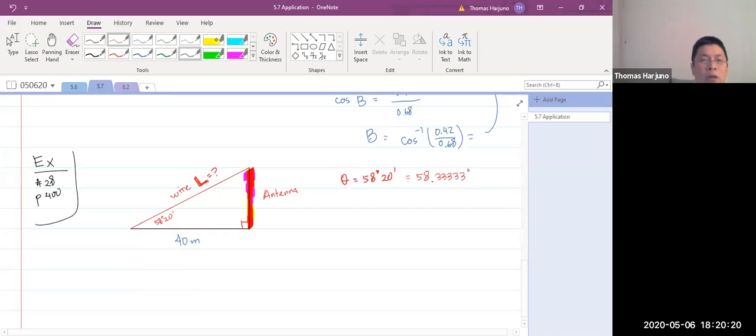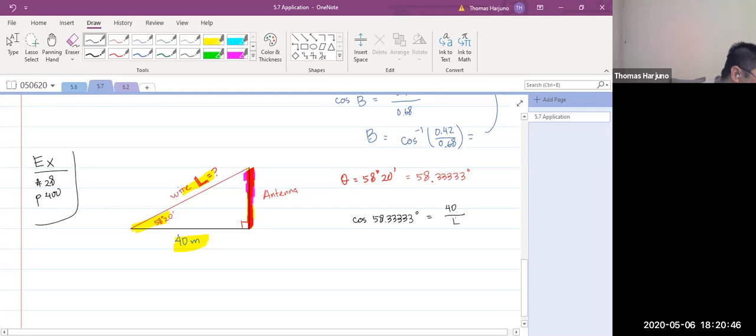Now, what relates this angle, this L, and this 40? That will be cosine, right? Cosine of 58.3333 degrees equals 40 over L, the length of the wire.